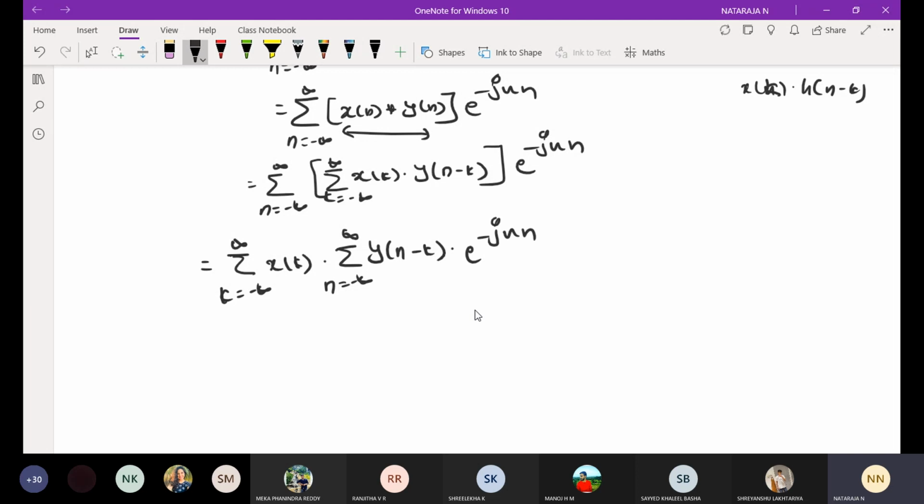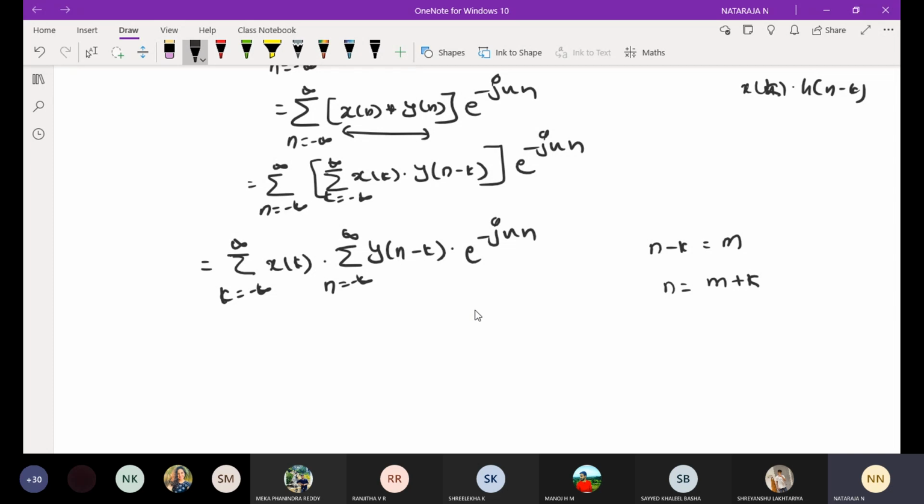Now I'm going to change n minus k equal to m, then n is equal to m plus k. Why? Because here we have n minus k, but it varies with n. So I make it m and replace n with m plus k.